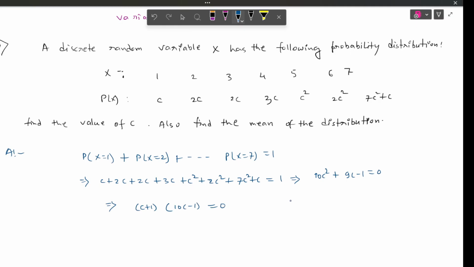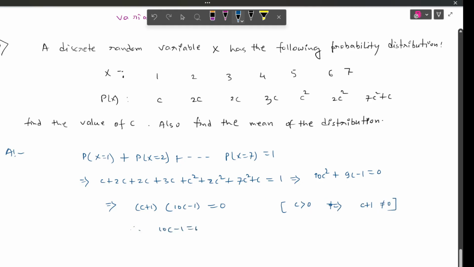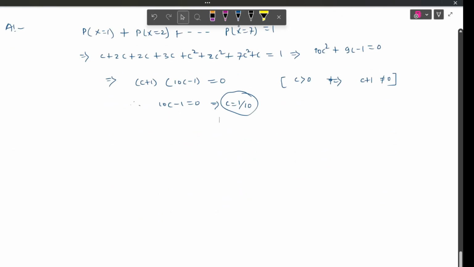Okay. Now C should be greater than 0. So this means C plus 1 cannot be 0. So that means 10C minus 1 is 0. That means C is 1 by 10. Okay. Now what is mean?